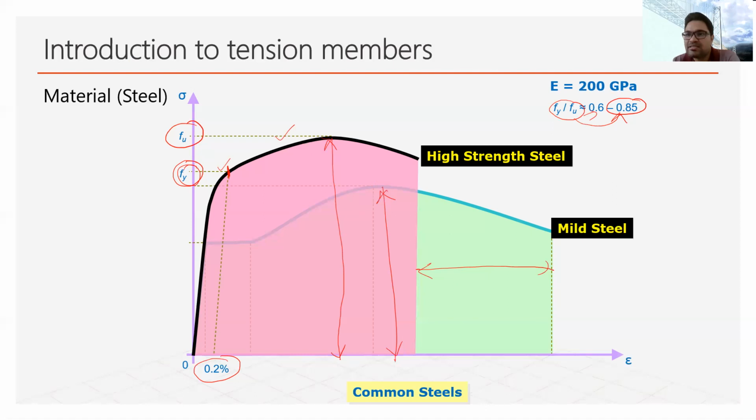But as I said, in the tension member the major requirement is ductility. So therefore, mild steel will be utilized more effectively than high strength steel in case of tension members. And that is why most of the time we use mild steel grade plate Fe410 in tension member design.